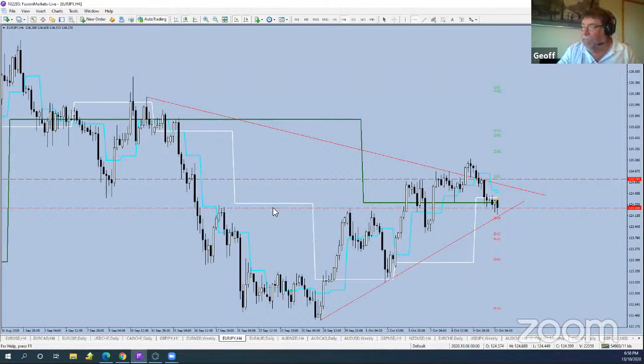But is it a sell level is the question. And the answer will be, if it breaks and retests it, then yes, I'm with you. But if it doesn't do that, if it just breaks it and stays in this area, then I don't think necessarily it is a sell. It may, in fact, be a buy.